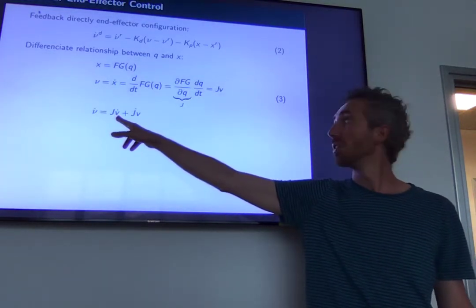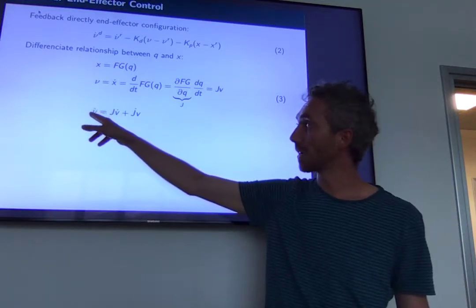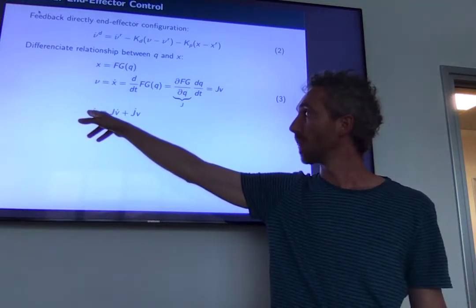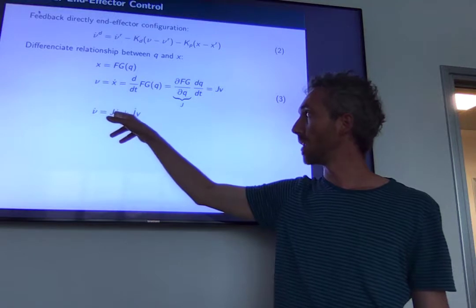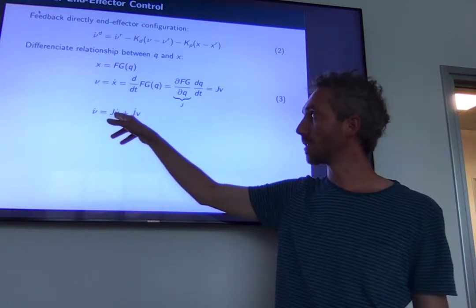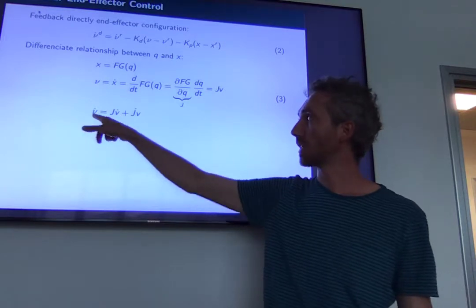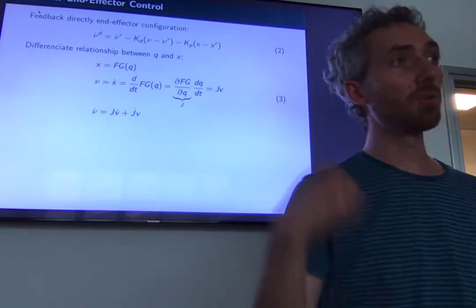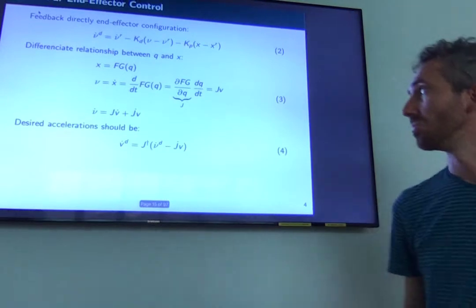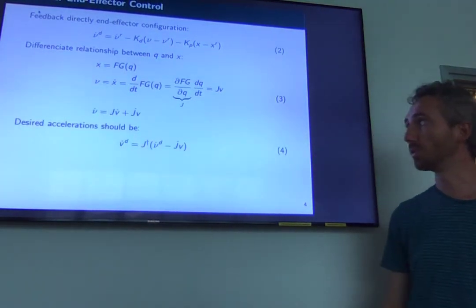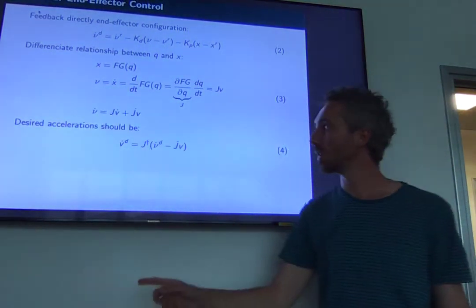So clearly, if I have a desired value here, what is the value of v dot that I need to assign so that I get the desired end effector acceleration? Well, I simply need to invert this equation.